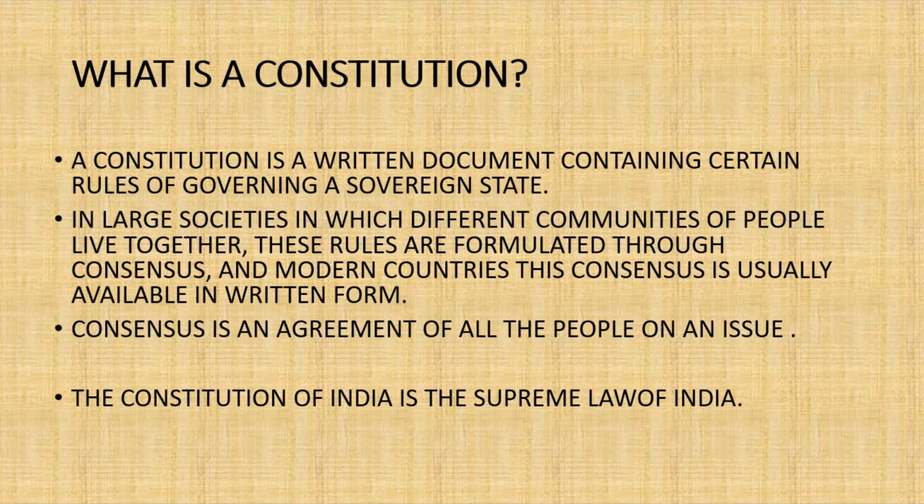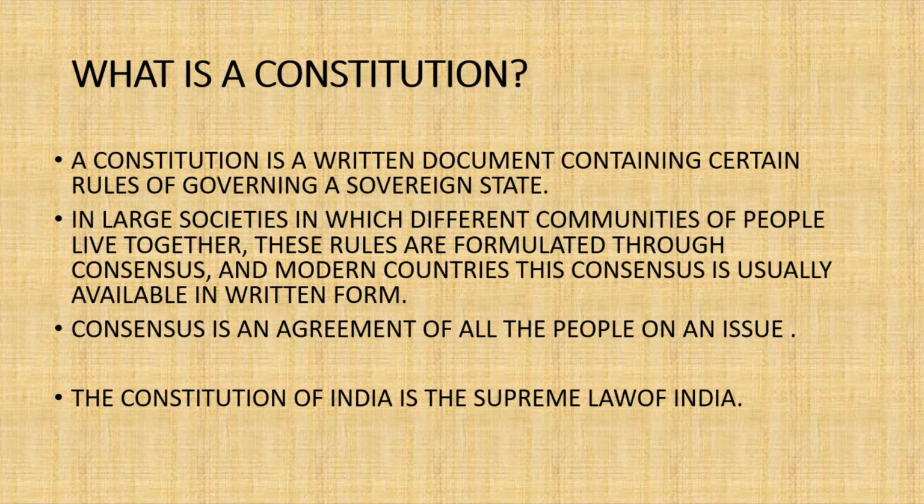See children, simply we can say each country is made up of different kinds of communities. We can see that in India also, right? So, in this situation, these written rules and principles are formulated through how?